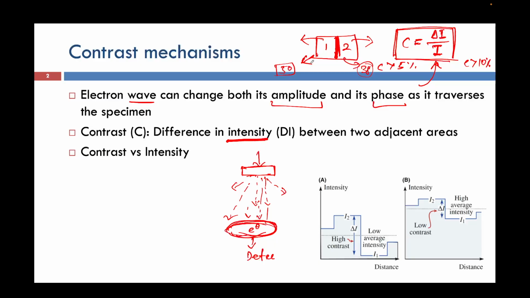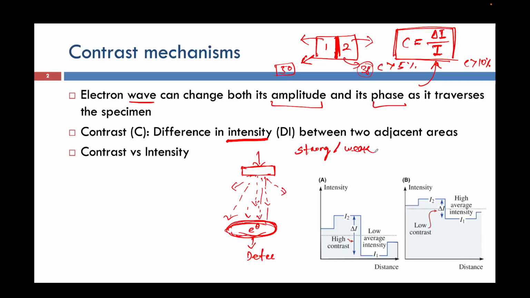And there are two different pairs of terminology associated with contrast and intensity. Always remember, when we talk in terms of contrast, we say either strong contrast or weak contrast, right?